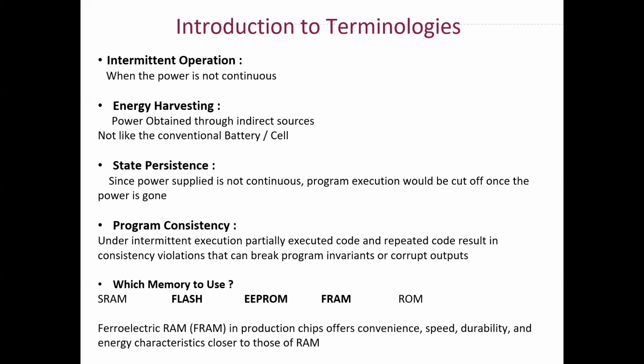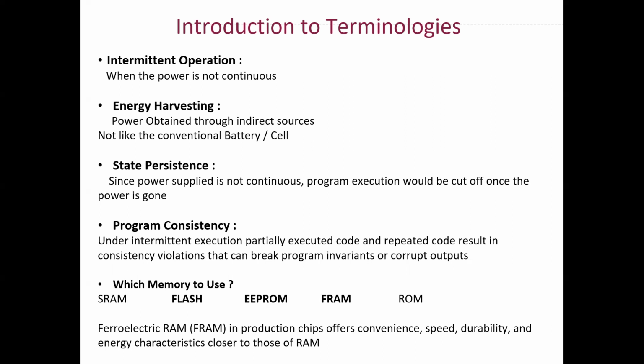RAM is a temporary memory. SRAM gets wiped off as soon as you lose power, and when you restart, your SRAM does not persist. So SRAM is not a good option here.